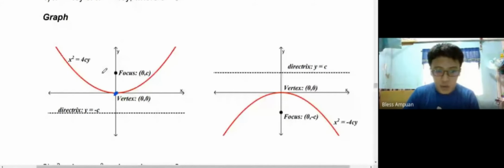This is the vertex, the lowest point. From the vertex to this point is the focus. And opposite the focus is the directrix. Here is the standard equation of a parabola with vertex at h and k.